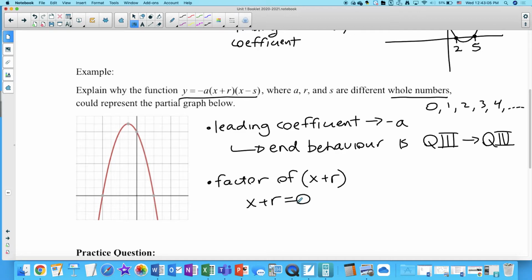Okay, so that's also consistent because you can see that on the graph we've got one x-intercept that's negative, one that's positive. We'll get to that one in a second. So this is our negative r x-intercept. So this connects to the negative x-intercept on the graph.